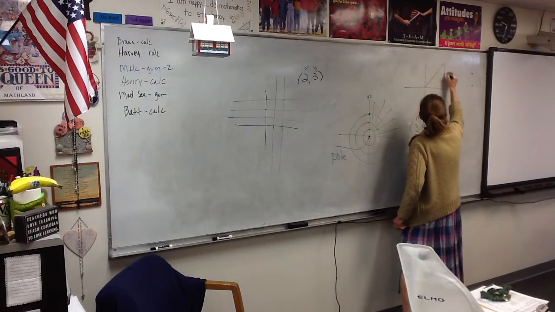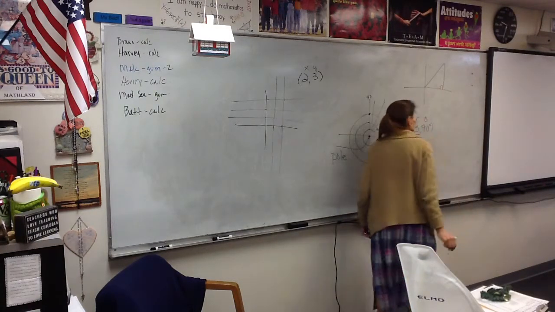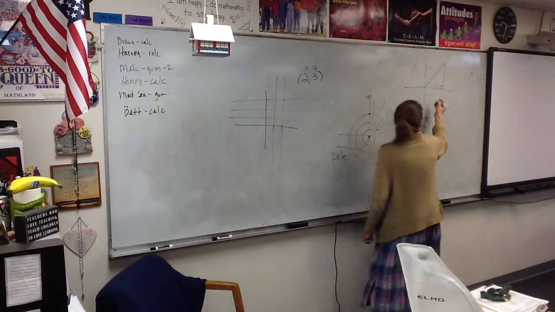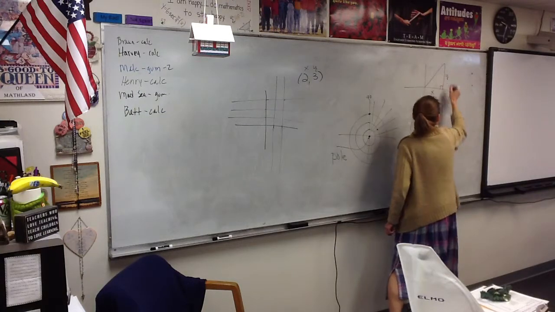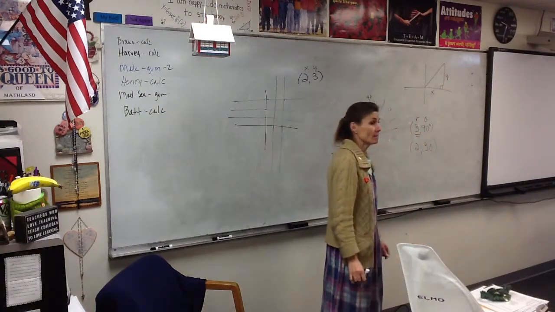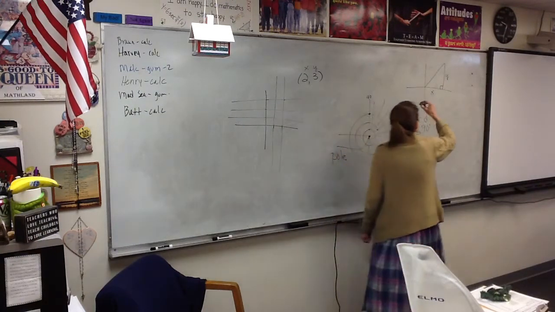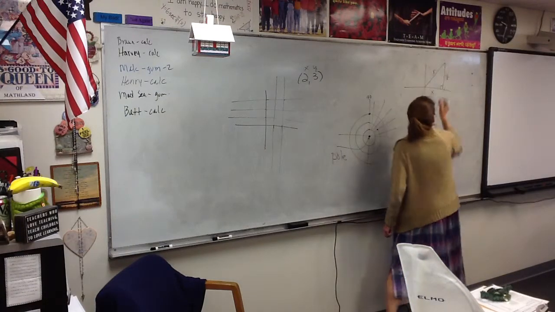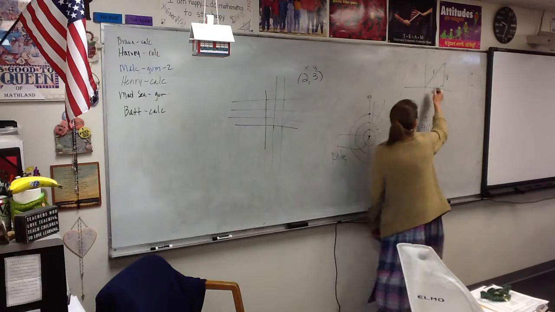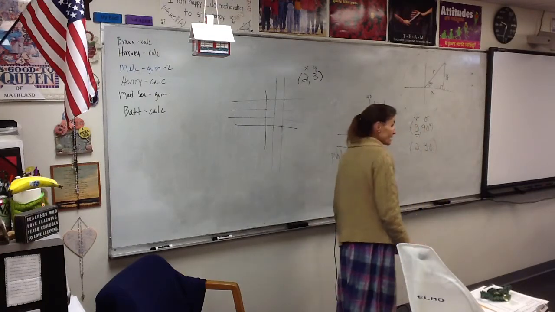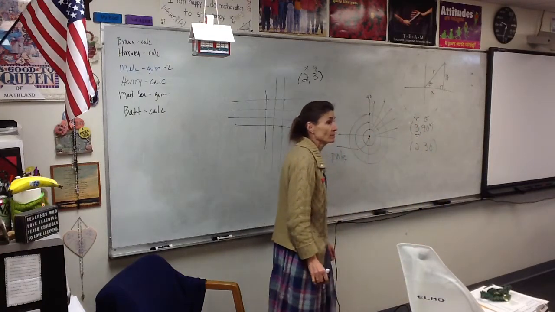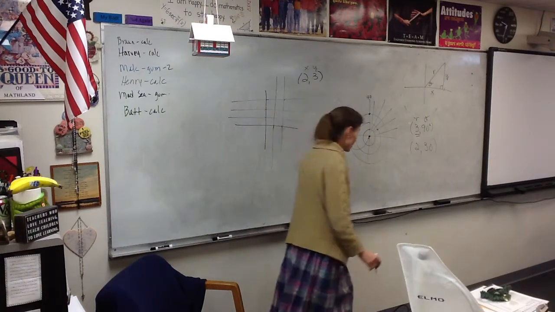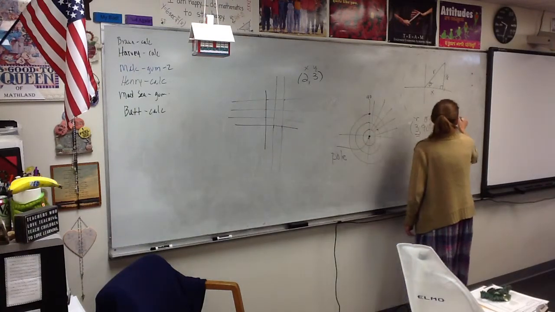If you just graph this much of the butterfly bow tie, you know already this is x and this is y. We've been doing that forever. Now, if you think of a big circle here, this is r, and this is theta, the angle in standard position.